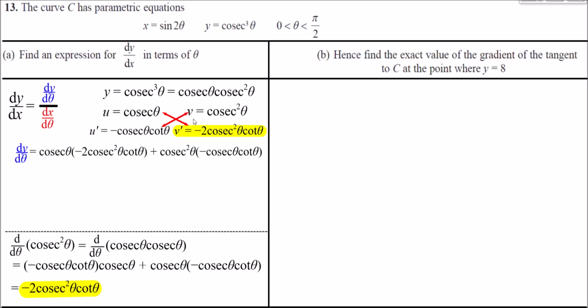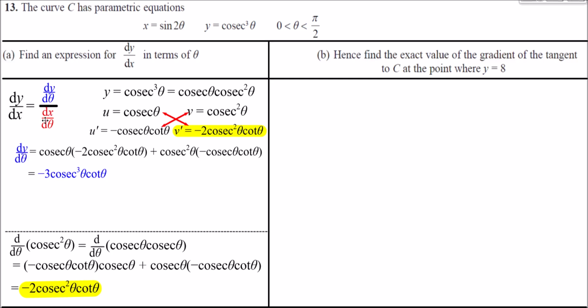Then I add on when I keep v constant and differentiate u. So I'm going to add on cosec squared theta multiplied by minus cosec theta cot theta. But again, you'll see we're going to get the same thing duplicated. From this one, minus 2 lots of cosec cubed theta cot theta, and then from this one, minus another 1 lot of cosec cubed theta cot theta. So overall, we've got minus 3 lots of cosec cubed theta cot theta. That's dy by d theta, which is by far the harder piece to find the derivative of.